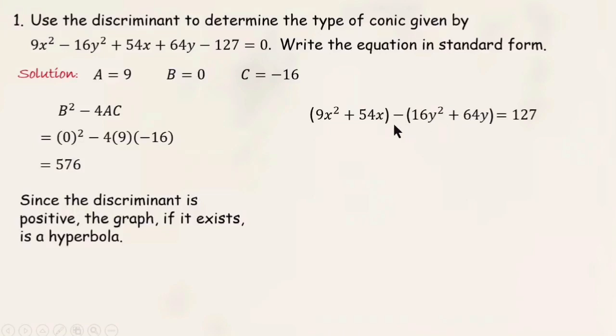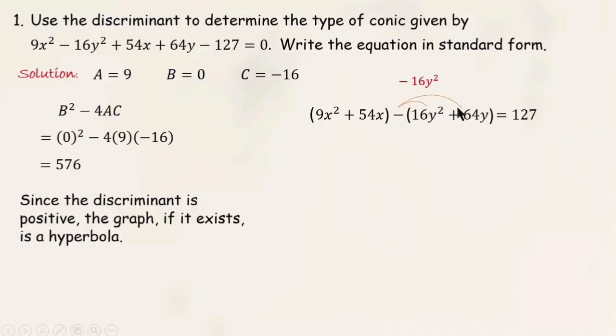However, since the operation here is subtraction, we need to be extra careful with the sign. Bear in mind that if we distribute this sign to this expression, the sign should not be altered. It should have the same sign as the given equation, negative 16y squared plus 64y. We distribute negative times 16y squared is negative 16y squared, which is correct.